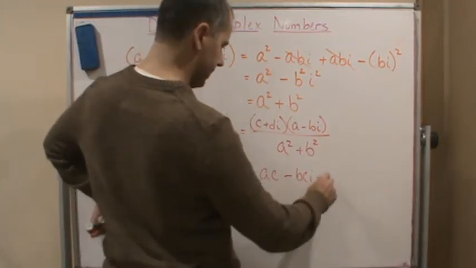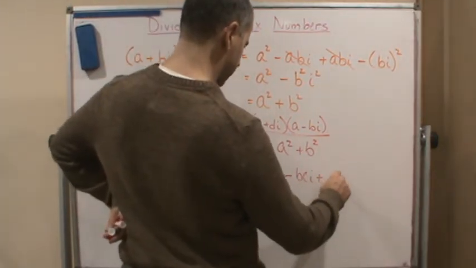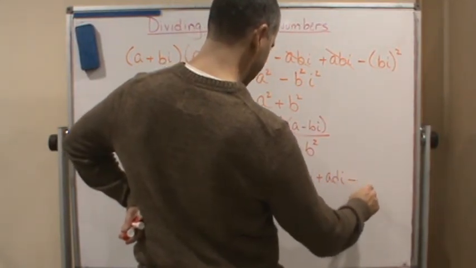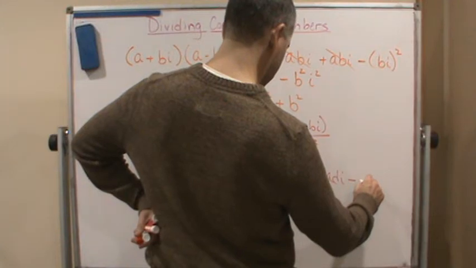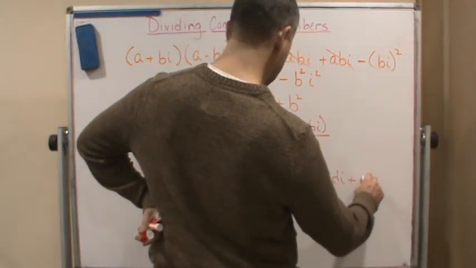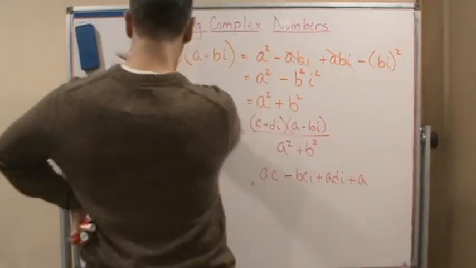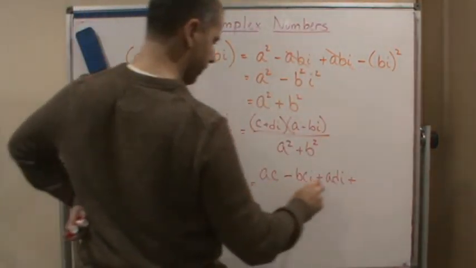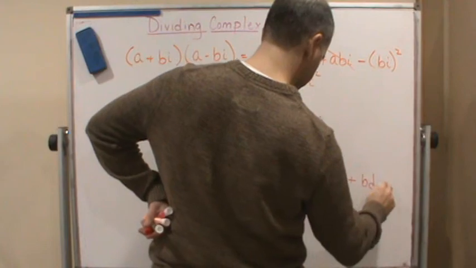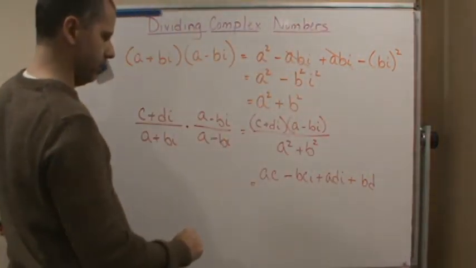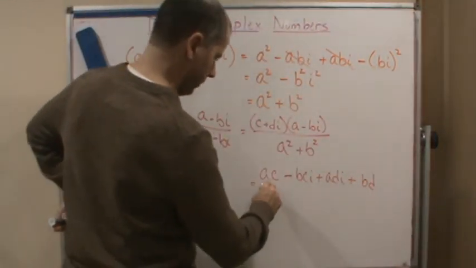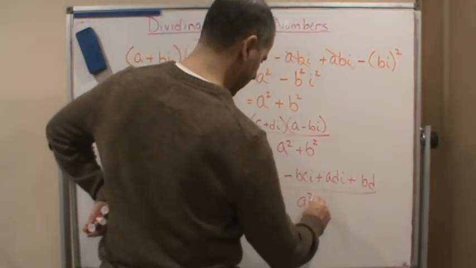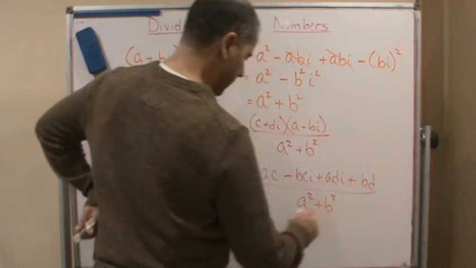Minus bci plus adi minus or plus bd, divided by a squared plus b squared.